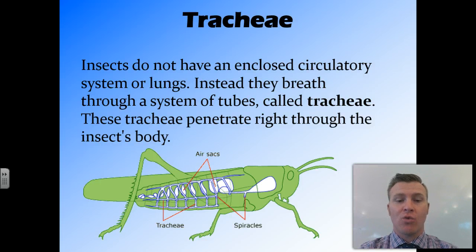The tracheae penetrate right through their body to all the different cells, as well as having a couple of air sacs in them, where the oxygen that they need can diffuse from the air in the air sac or the tracheae into the hemolymph, which is like blood for insects.